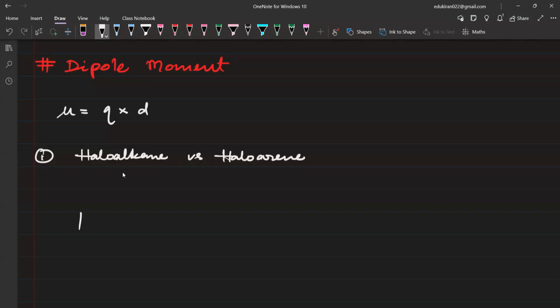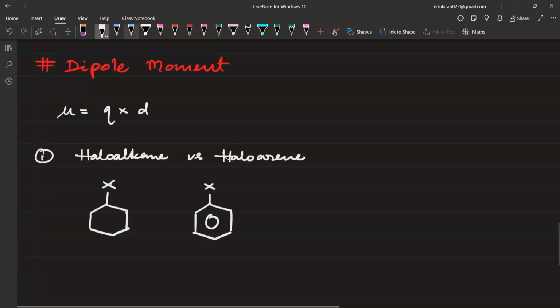A good comparison will be with cyclohexane with fluorine or chlorine or any halogen, with the same number of carbon atoms, against the haloarene, which is chlorobenzene or halobenzene, anything else. As you can see, the polarity will be almost the same.